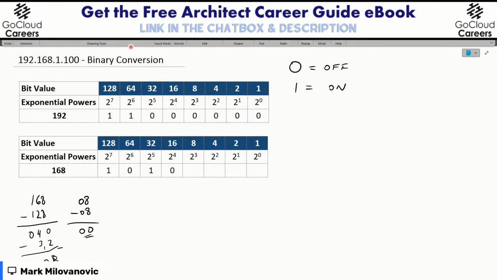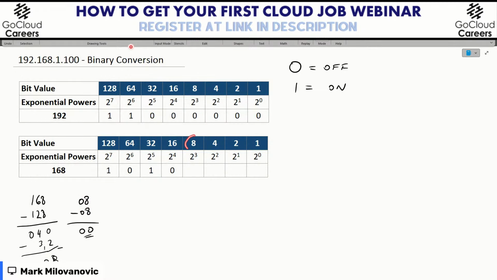So would it now at this point make sense that if 8 is the next largest available value or coin that we can draw from, and we're still owed 8, that we would use this particular coin value, or in this case, it's going to be bit value.